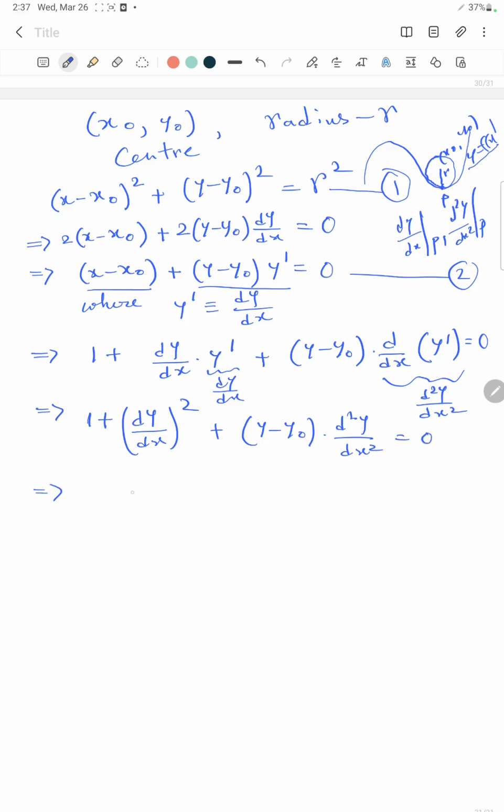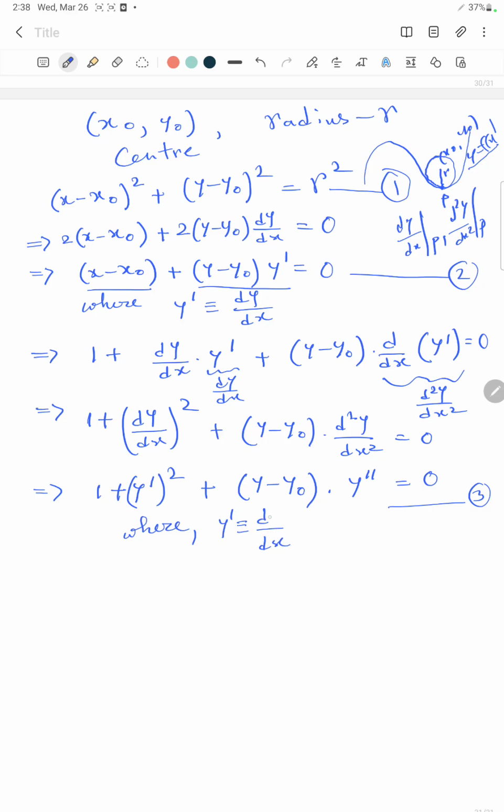That means 1 plus (y dashed) whole square plus (y minus y0) into y double dashed equal to 0. This is my equation number 3, where y dashed stands for dy/dx and y double dashed stands for d2y/dx2.